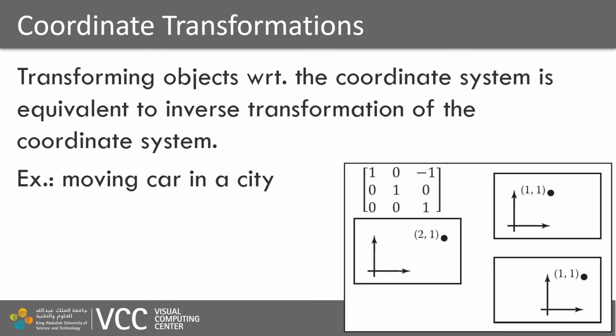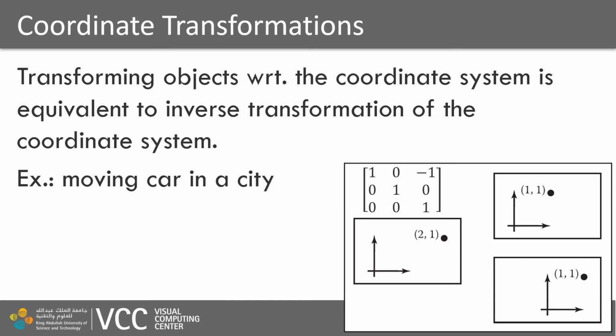Now, this is just one way we can interpret what is happening. The other way of interpretation is that the point which we are transforming doesn't change, but the coordinate system is changing.